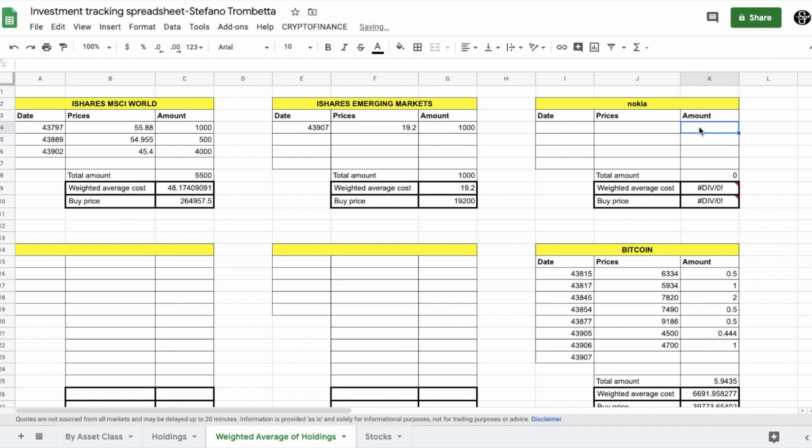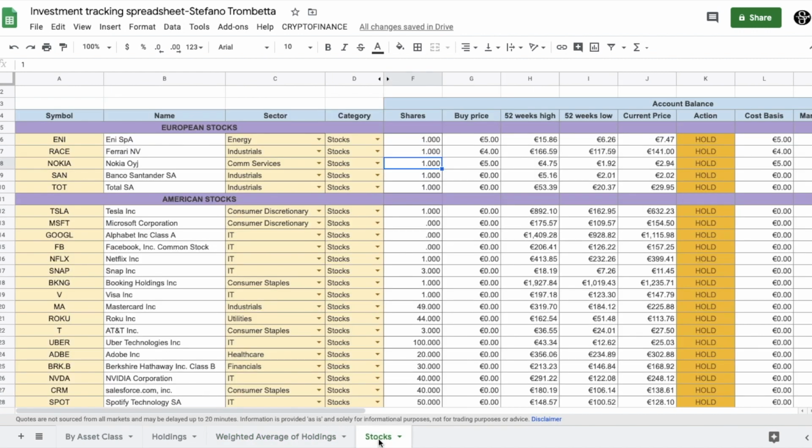Let's say you buy 100 shares for €2 and 300 for 5. Then the weighted average cost will be 4.25 per share, and the buy price, how much you spent, is 1,700 euros. Then you want to include that in here.